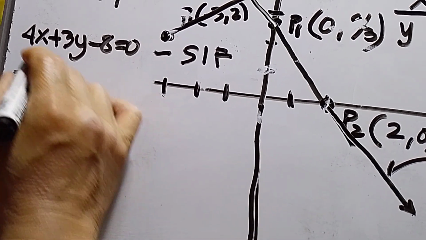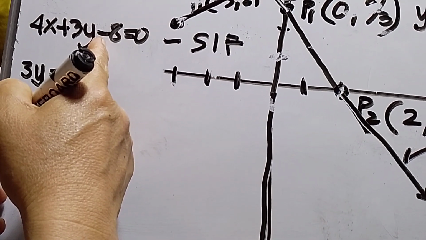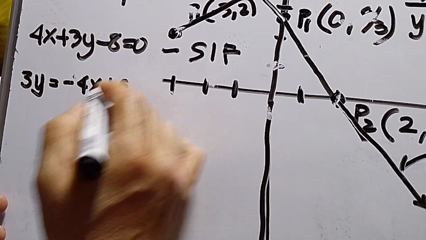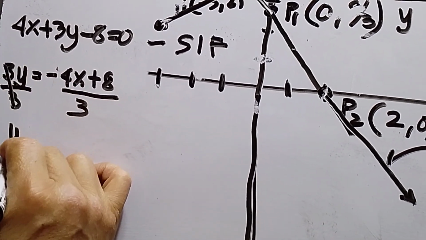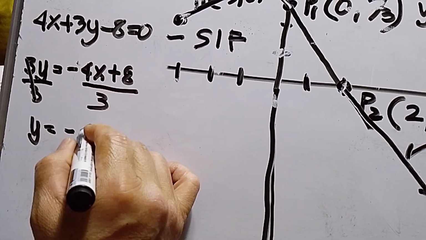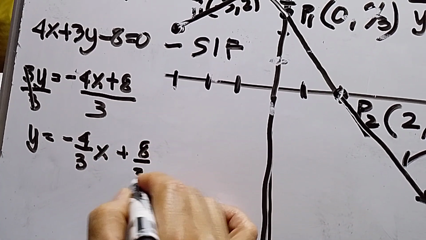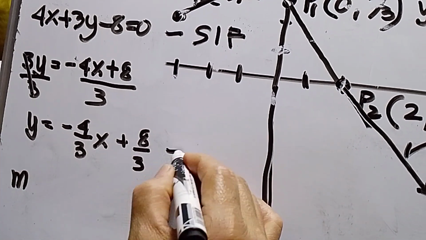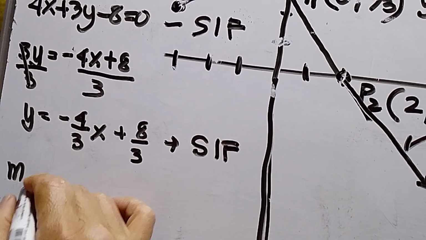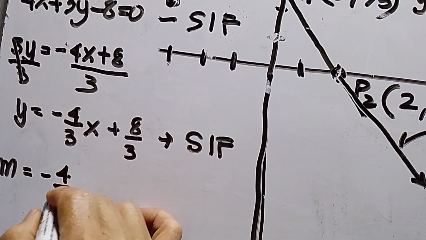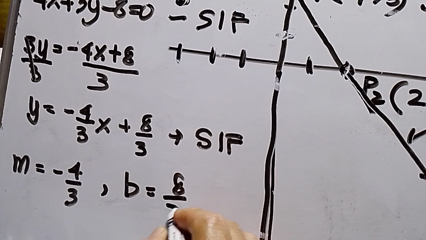So transpose to the right minus 4x, and also transpose to the right plus 8. Then divide by 3 on both sides. So y is equal to negative 4 over 3x plus 8 over 3. Because this is slope-intercept form, the slope will be negative 4 over 3, and the y-intercept is 8 over 3.